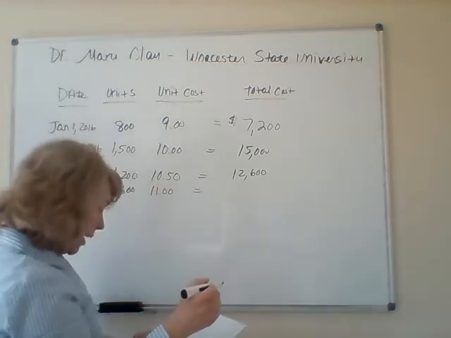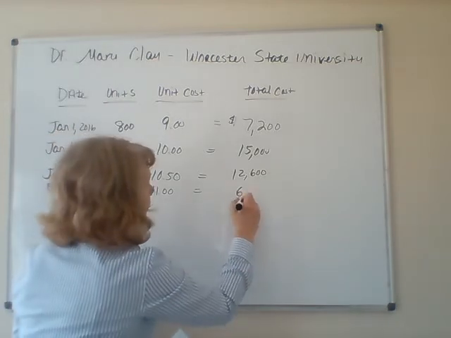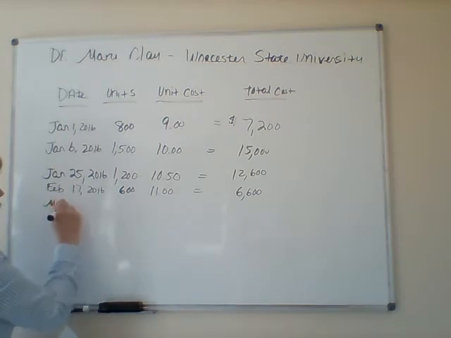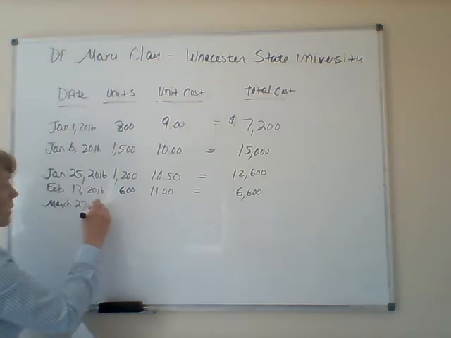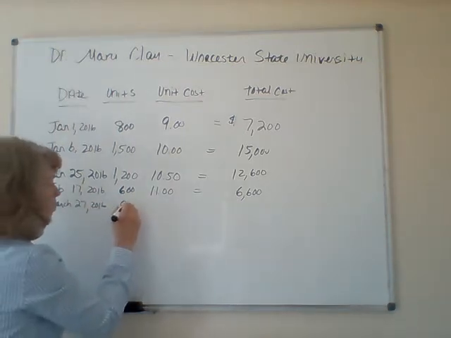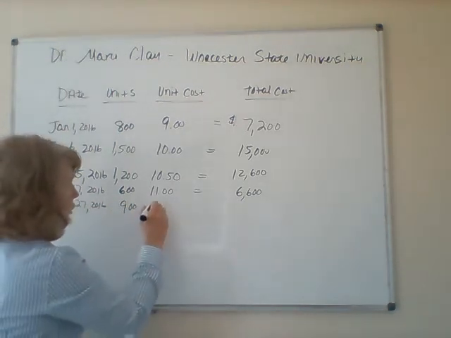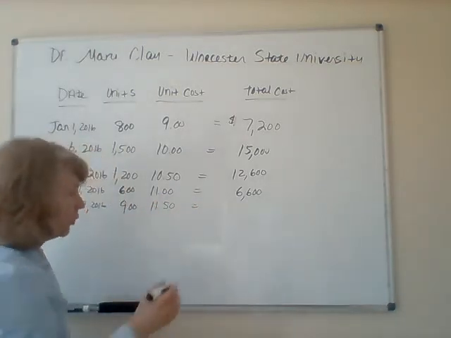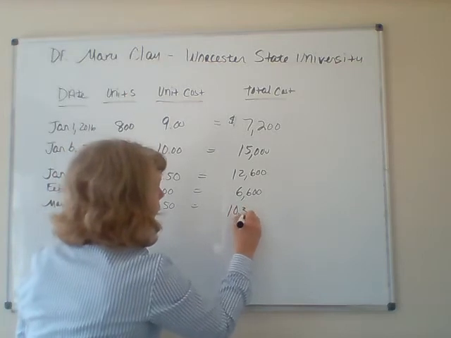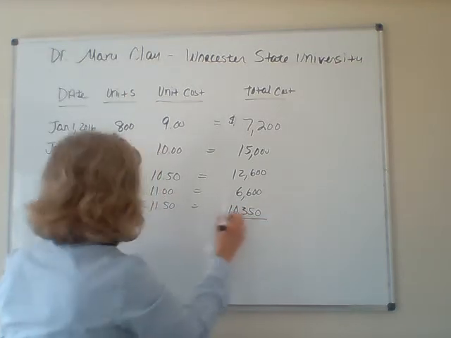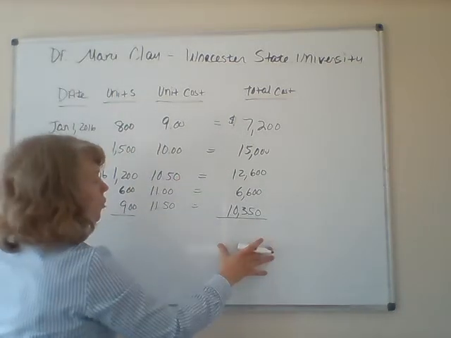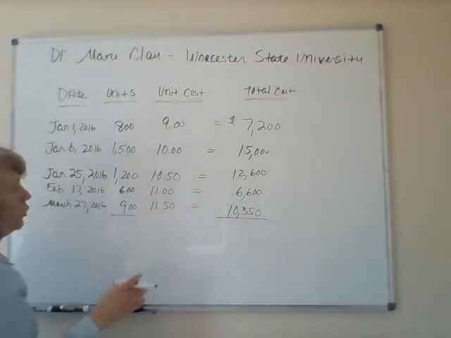And that's going to equal 6,600. We do the next layer, March 27th, 2016, and that is 900 at $11.50. Multiply it across, that equals 10,350. Okay, now we need to total the units and the total costs. We don't need to total the unit costs.